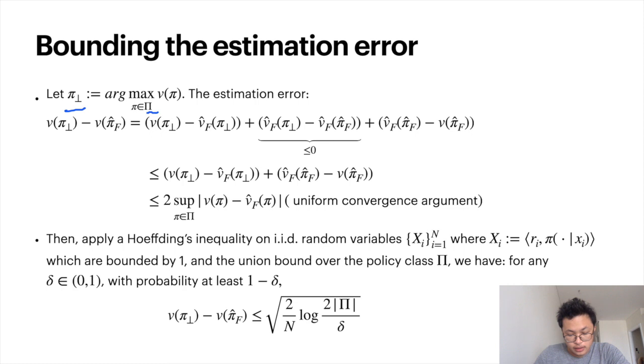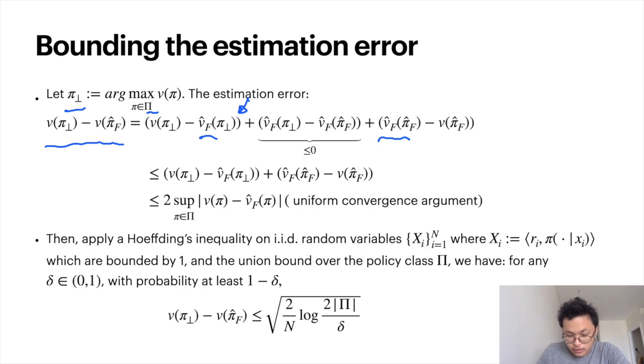Okay, and now we continue decomposing the estimation error by adding and subtracting some empirical terms, v hat of pi perpendicular and v hat of pi hat f.